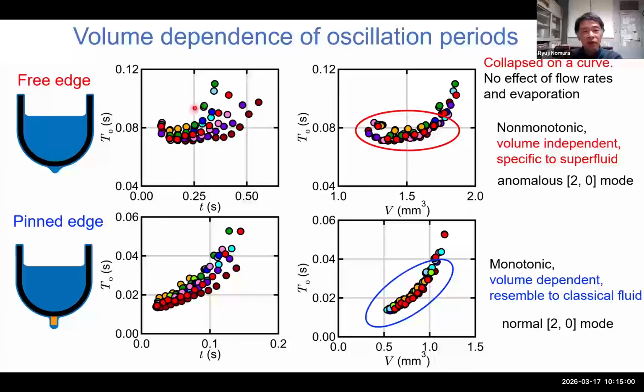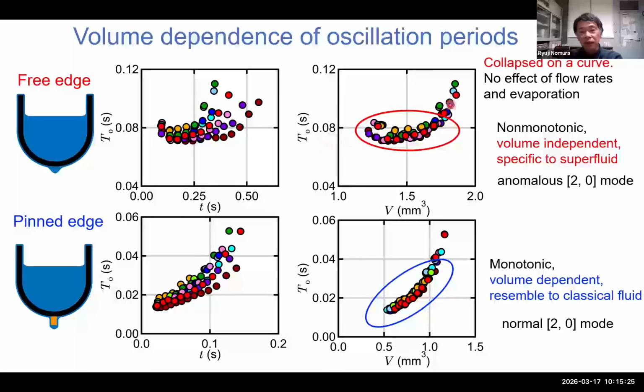This is a high flow rate, so it drips in a short period, and this is a low flow rate. So depending on the flow rate, the time evolution of the oscillation period was different as a function of time.